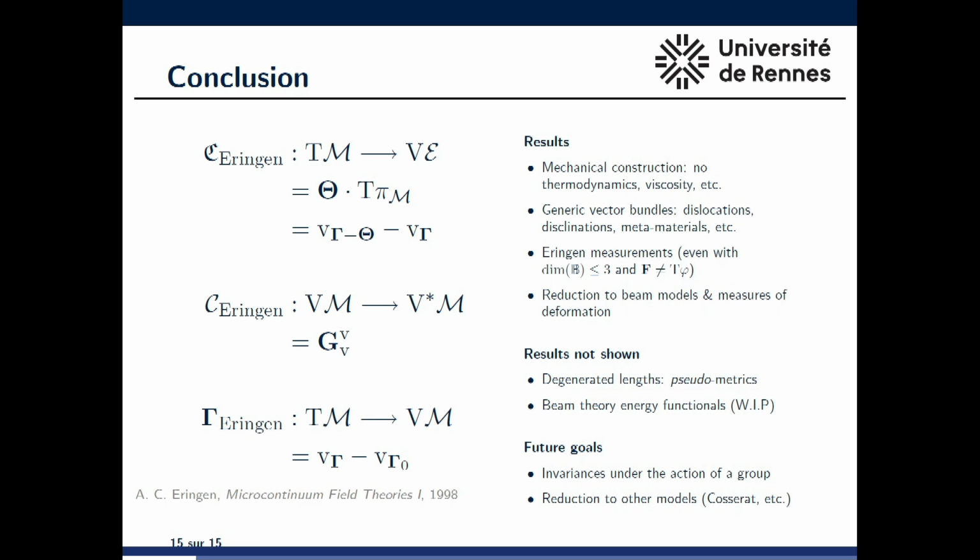So there would be dislocations, and the case where the macroscopic space is not three-dimensional in the case of Eringen. Okay. All in all, we have seen that we have constructed a model that is very general, that can be reduced to a lot of other models because we skip some, and with allowing for generalization.